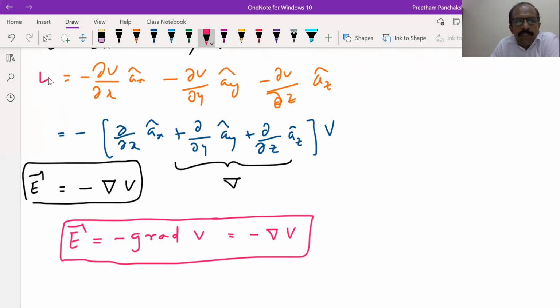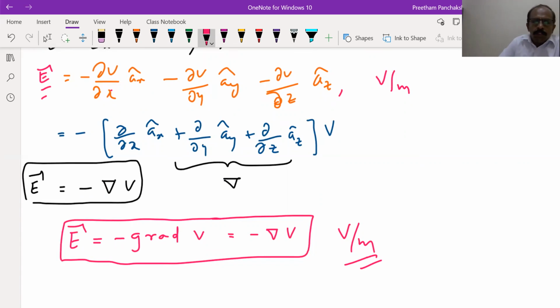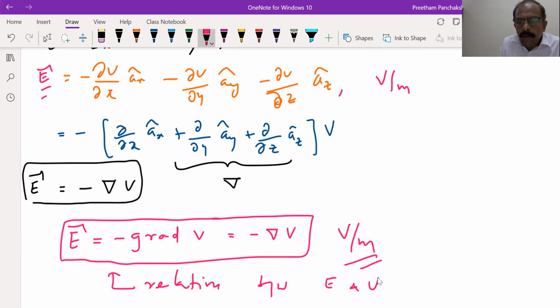If you look at this equation here, electric field is given by dou V by dou x: dou V, change in potential, volts; change in distance x, that is meter. So from this equation, we can say that electric field has a dimension of volts per meter. So the unit of electric field is volts per meter, and this is a very useful relation between E and V.